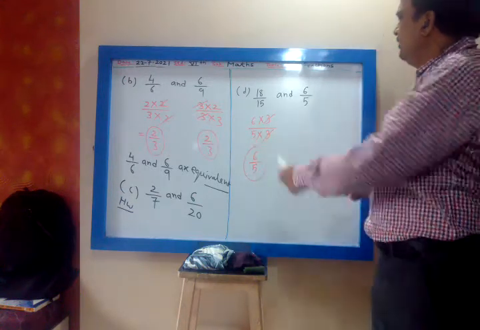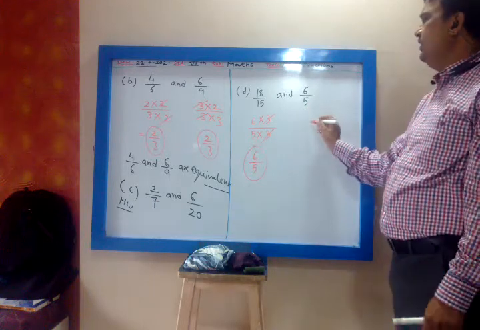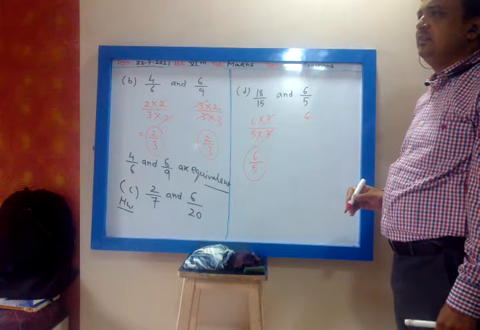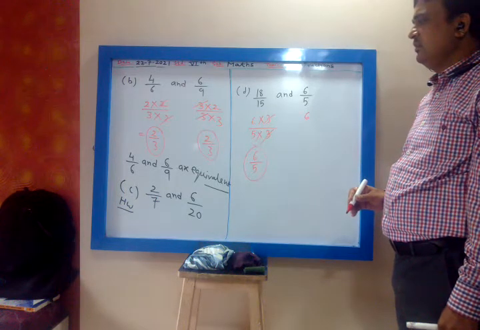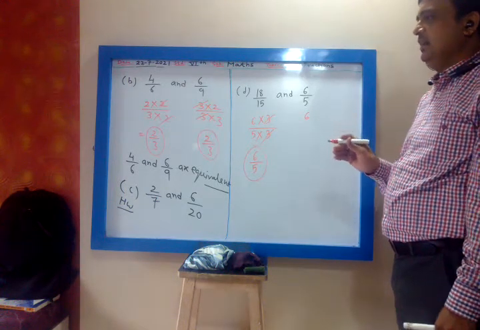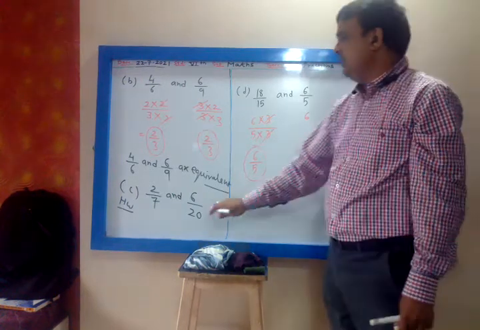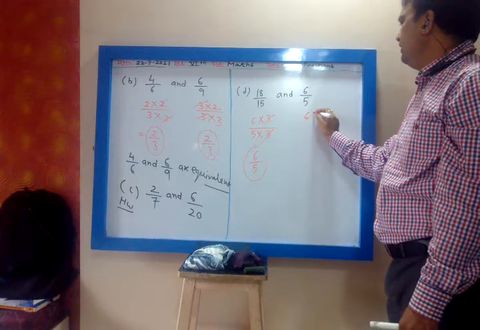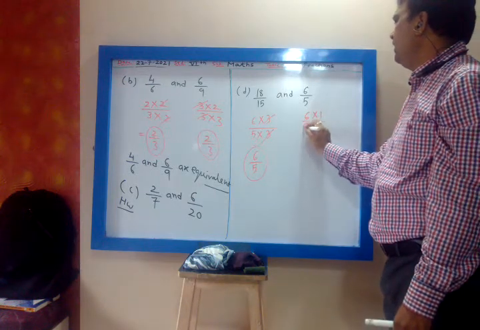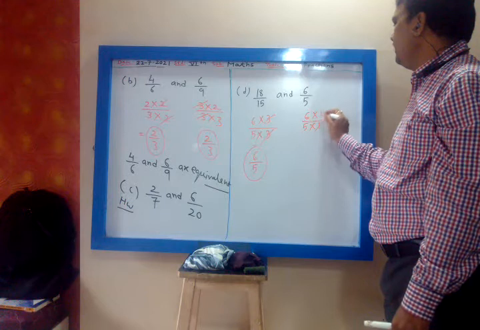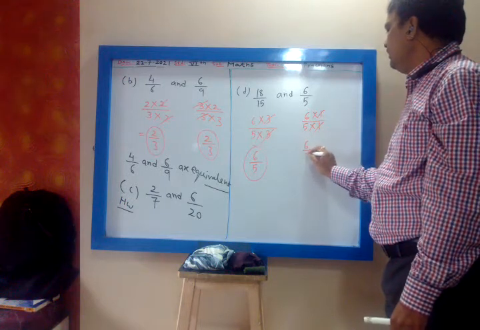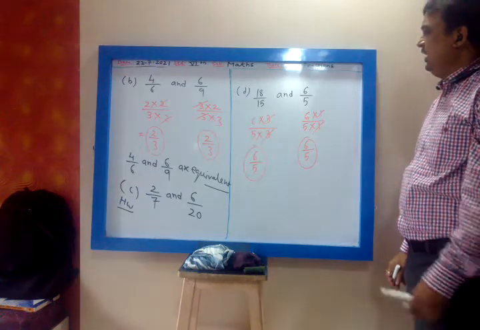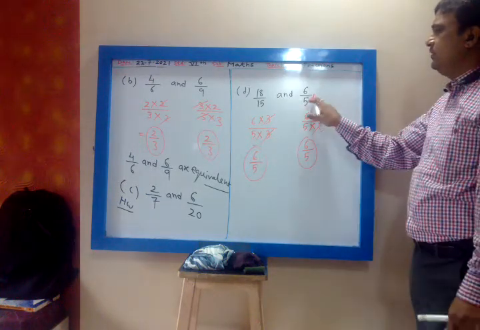Okay. What about this part? This is already 6 upon 5. Yes or no? Directly you can write 6 upon 5, nothing is common.